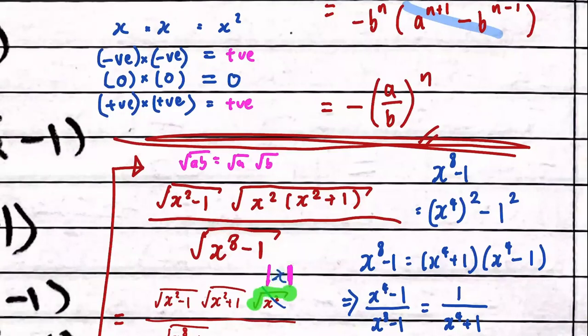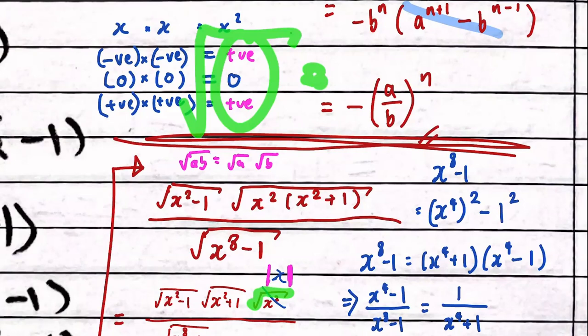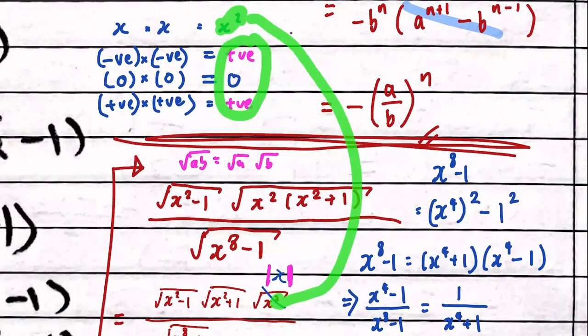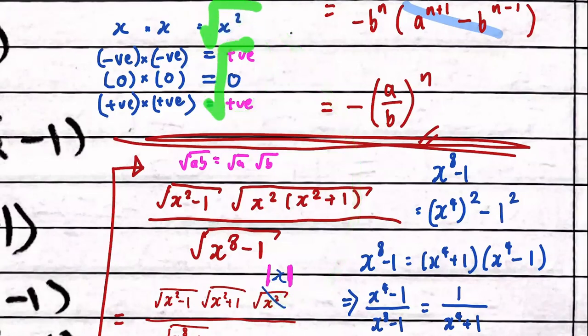Once we take the square root of x squared, which is positive or 0, what sign do you expect it to be? Plus or minus? Plus. Exactly. If it's positive, you take the square root, it should still stay positive.